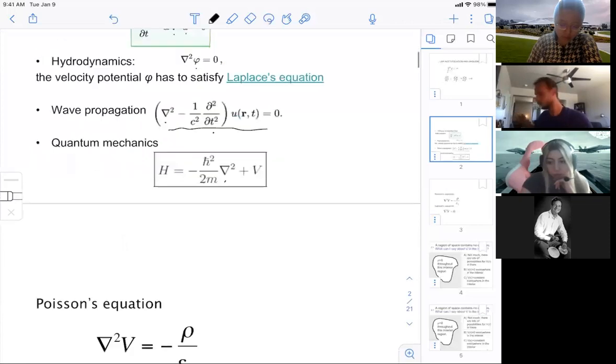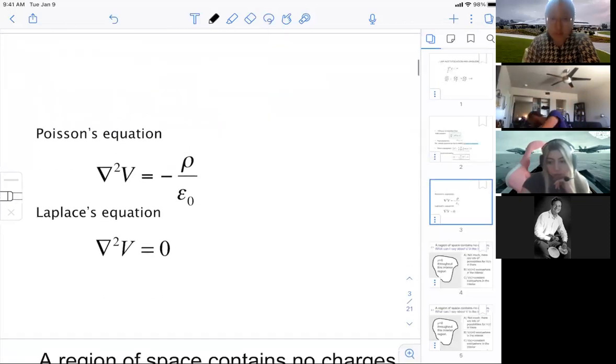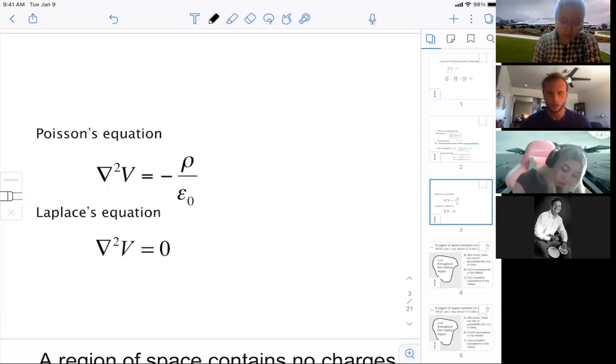Do you still remember that the Laplace equation is a special case of Poisson's equation? If you have charge density, of course, then you keep the right-hand side as rho over epsilon naught. Now, where does the Poisson equation come from? We know that the divergence of E is rho over epsilon naught.